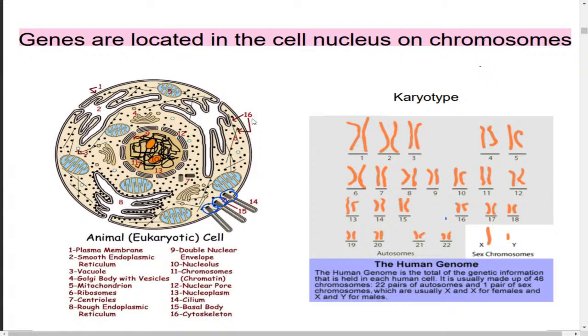Not very defined in this picture, but it is mostly used to maintain the circular shape of the plasma and maintain the strength of the shape of the animal eukaryotic cell. I think we should move to the next slide because we've already talked enough about this one.